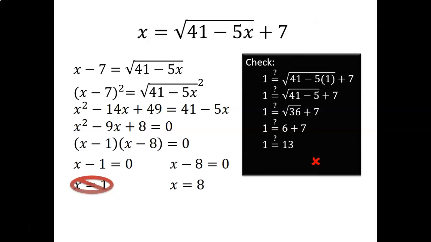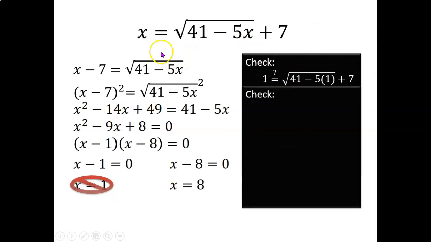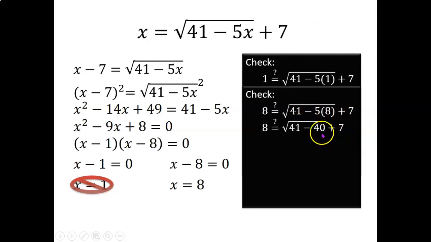Okay, what about the other? What about x equals 8? Let's check that. What happens if we go back here and put 8 in for x? Is 8 equal to the square root of 41 minus 5 times 8, plus 7? Well, let's see. 5 times 8 would be 40. 41 minus 40 would be 1.